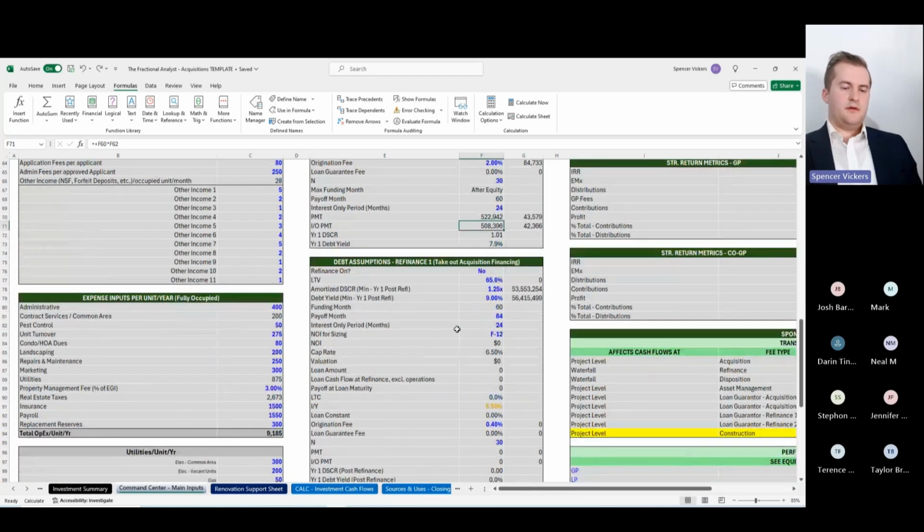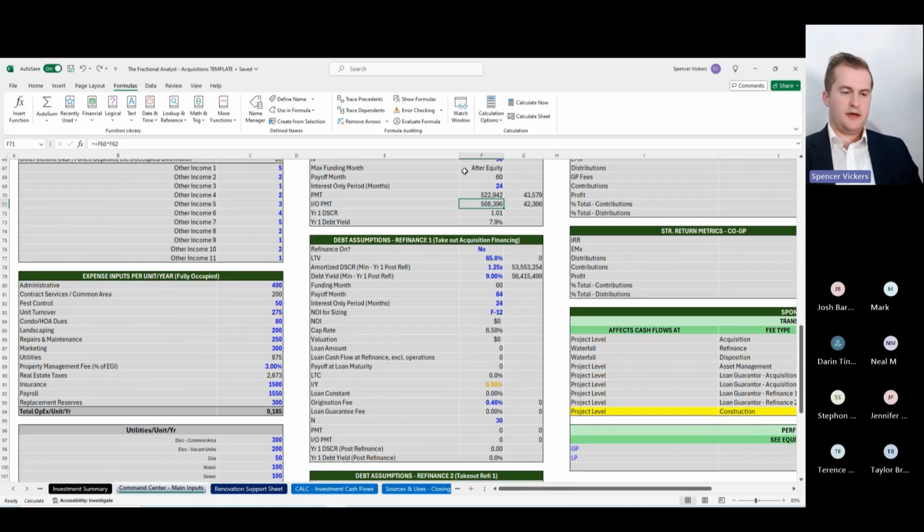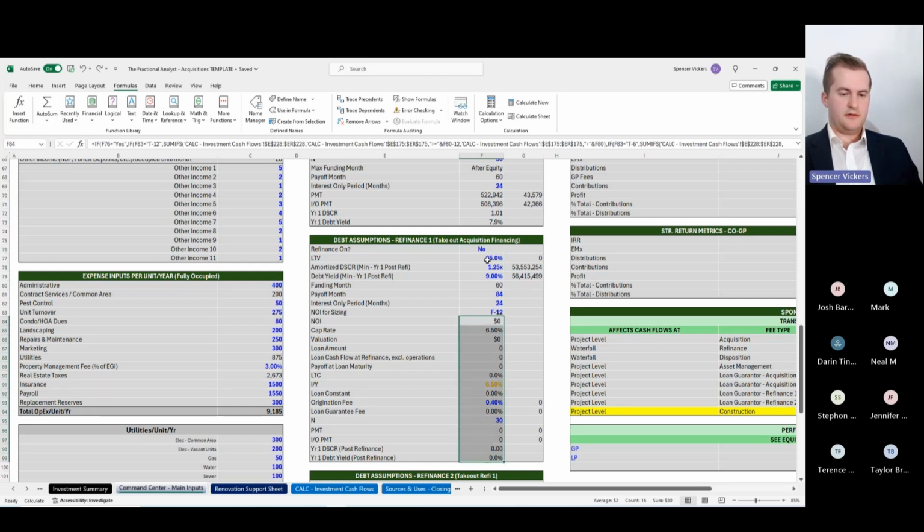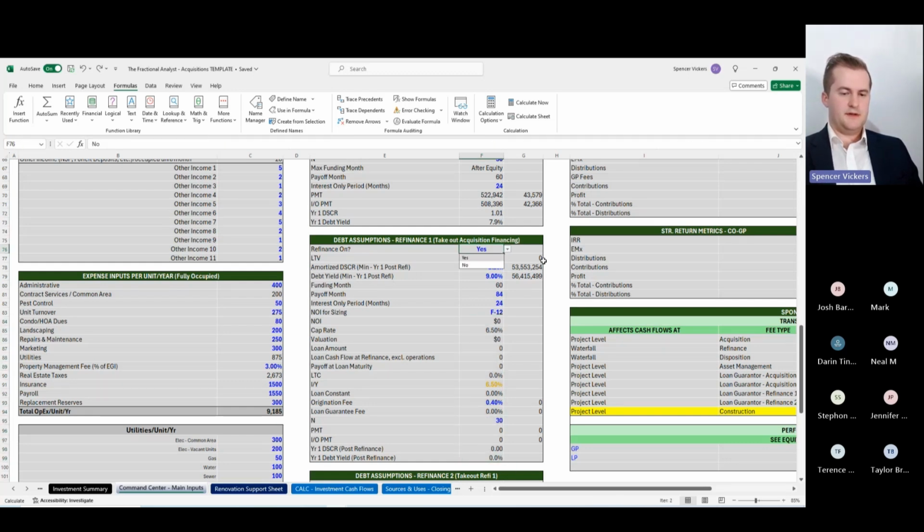And then I have two takeout loans, essentially. The first refinance takes out the acquisition and renovation funding. I have them built on toggles, so you can toggle them on and off for yes or no. If it's set to no, then all this information down here is going to be zeroed out. If you set it to yes, it's going to auto-populate the information to take out those prior loans.